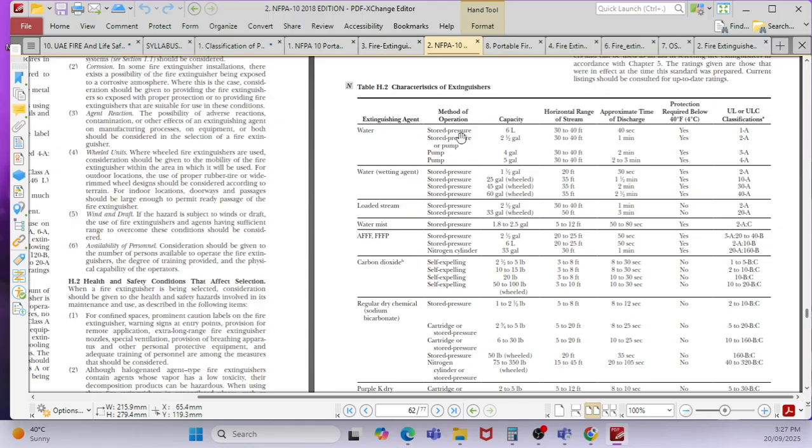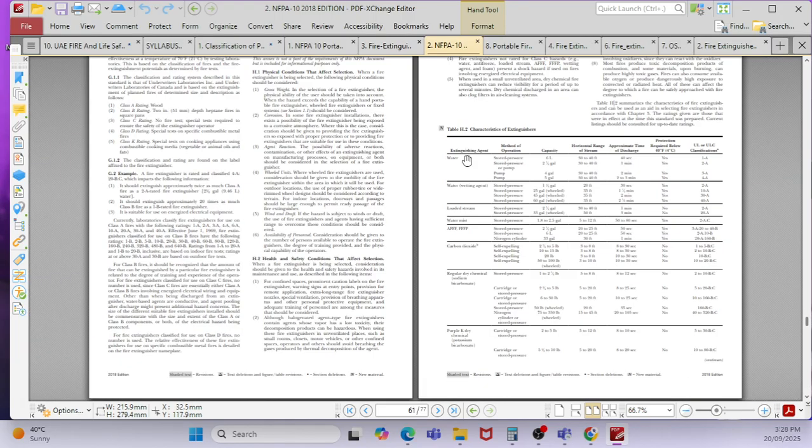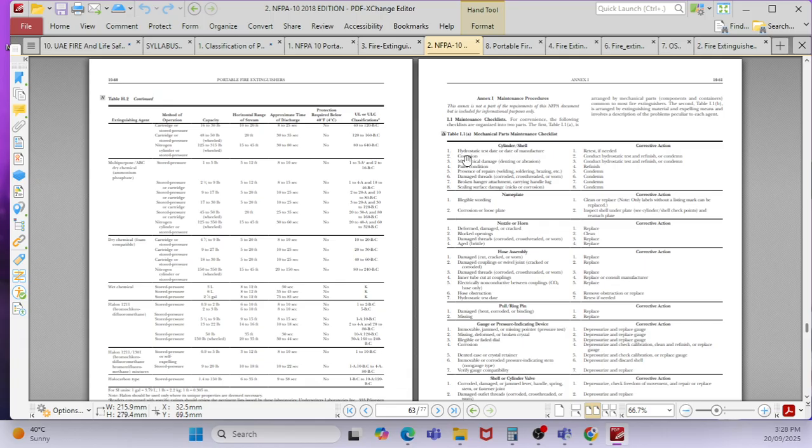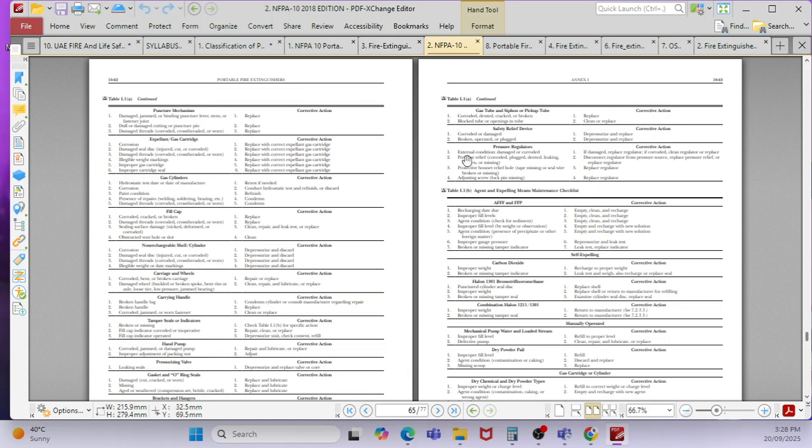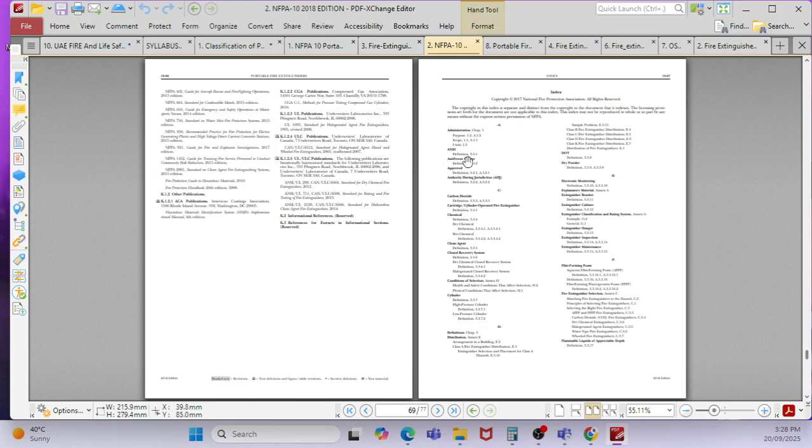You have a stored pressure and a capacity of 6 liter. Horizontal range of stream, it can go 30 to 40 feet. Approximate time of discharge 40 seconds. Protection required below 4 degrees Celsius. And the classification 1A, 2A, 3A. Like that you can study more about fire extinguishers.